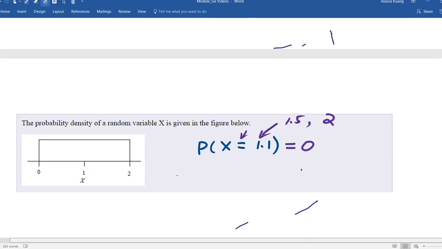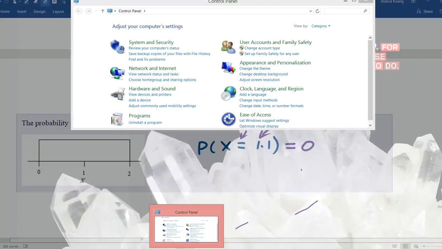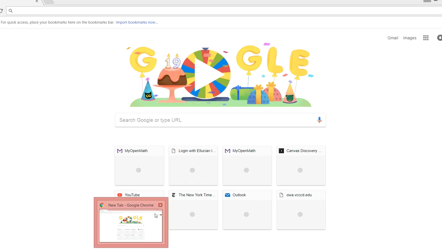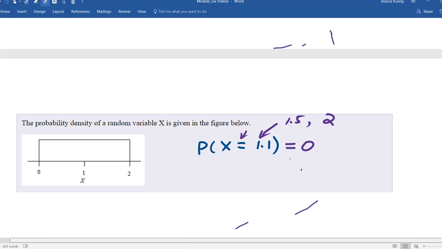One way to verify that, let's not verify that if you trust me. That is the special case for uniform distribution as well as normal distribution. If you have an equal sign, this probability is always, always zero.